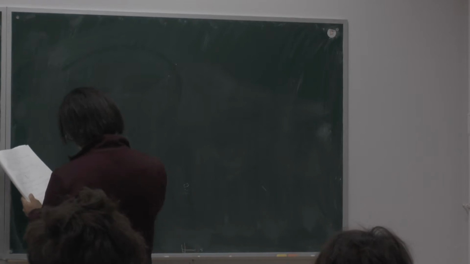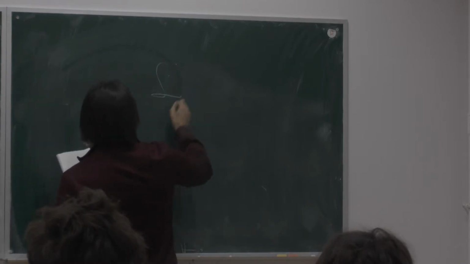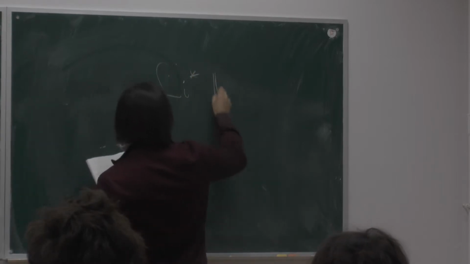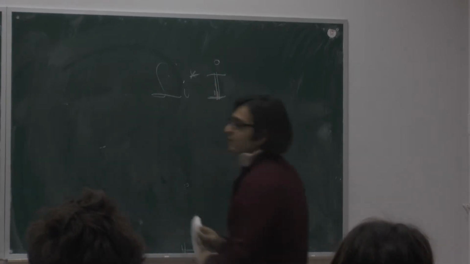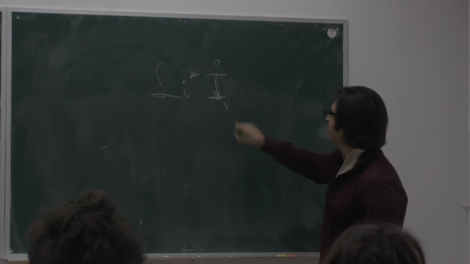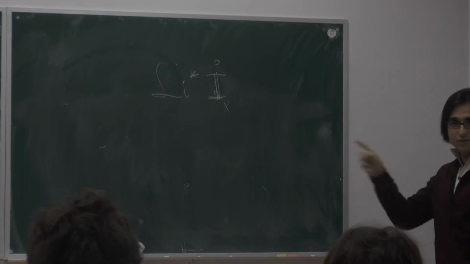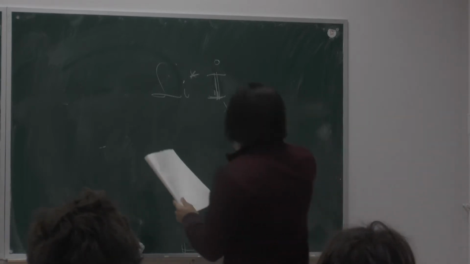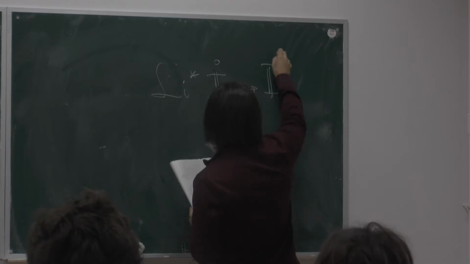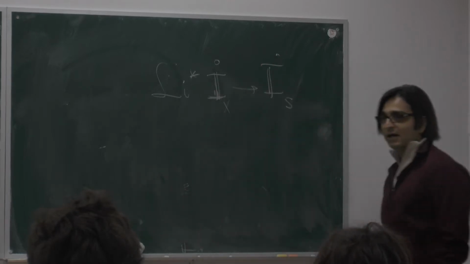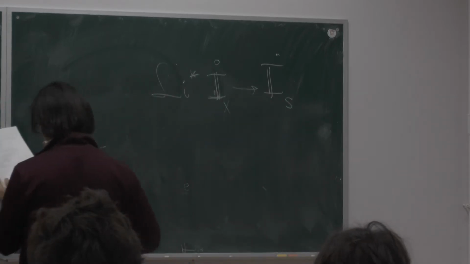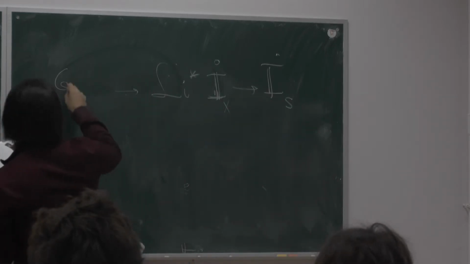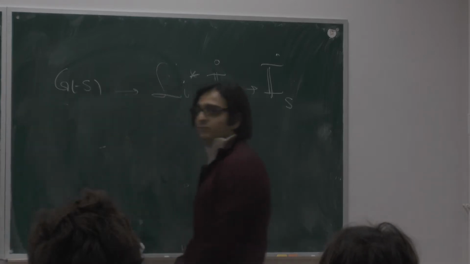So for pairs, I can ask what happens if I pull back one of these complexes in the ambient 3-fold, then put the subindex X in here so that we know it's in the ambient 3-fold. I will get some complex on the surface S, and then I will get whatever remains, the remaining part, without any shift.